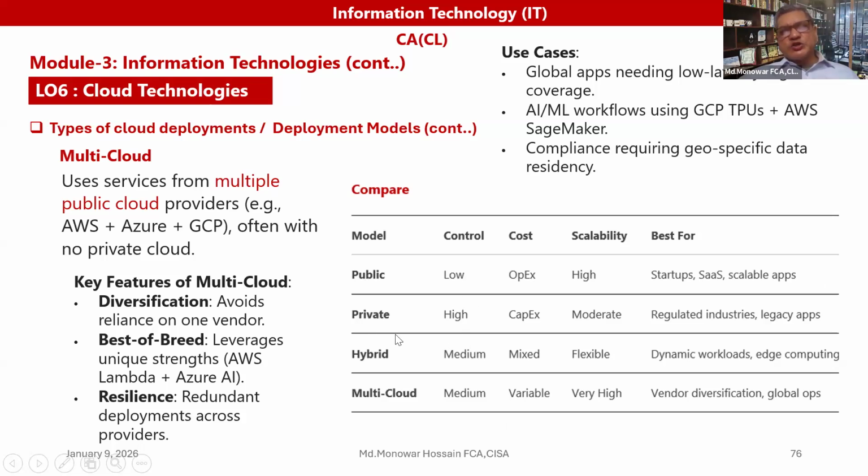Private means high control by the organization. That type of cost is capital expenditure, but here the operating activities are about operating expenses. Scalability is moderate. Regulated industries can use this type of private cloud computing. Hybrid is mixed cost and also multi-cloud has very high scalability, but cost is variable based on size and complexity.